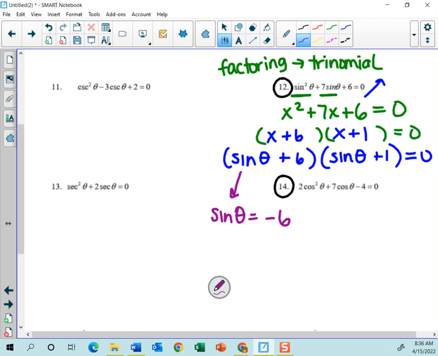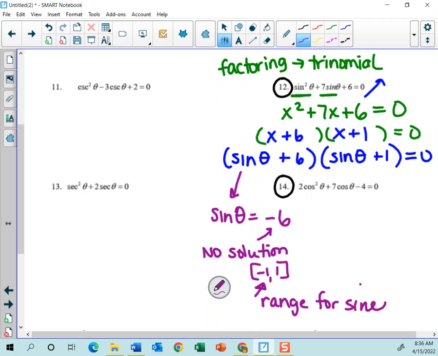Sine of an angle has to be somewhere between -1 and 1. So for the sine of an angle to equal -6, that's not going to happen. No solution. Those are the only numbers we can consider. That range of values for sine are my only considerations. So one factor in this equation doesn't yield any solutions.